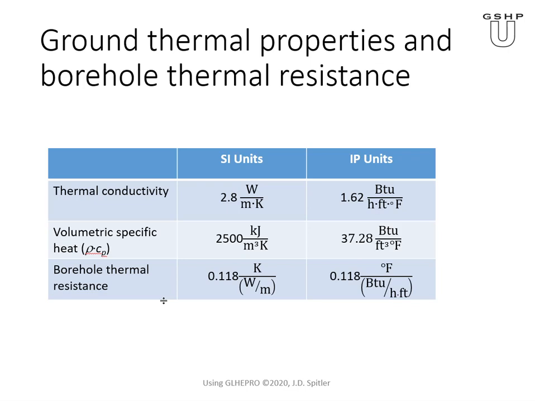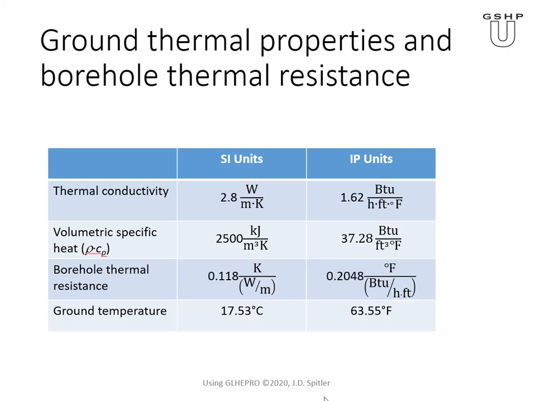And I also estimated the undisturbed ground temperature, which I see I've got one typo here, so I will fix that. Okay, I fixed the borehole thermal resistance in IP units. I also noticed after the fact that I had an error in my example in that lecture, an extra 0 here. So when I fixed that, that changed our estimate of the borehole thermal resistance.